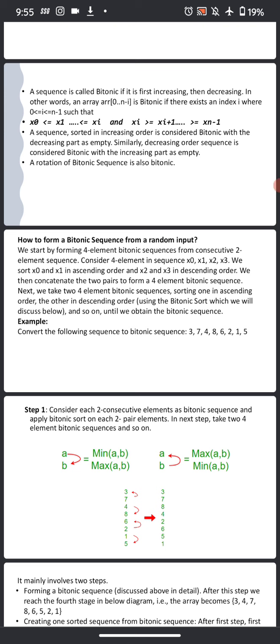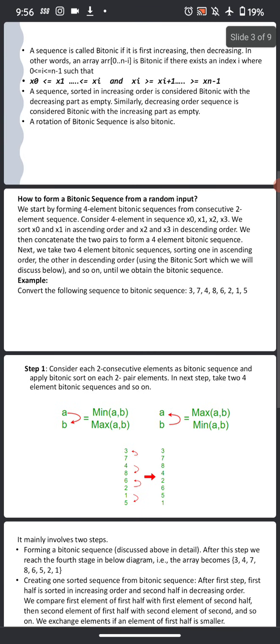Example: convert the following sequence to a bitonic sequence, 3 7 4 8 6 2 1 5. Step 1. Consider each two consecutive elements as a bitonic sequence and apply bitonic sort on each pair of elements. In the next step, take two 4 element bitonic sequences and so on.